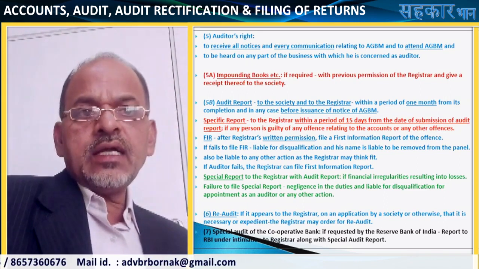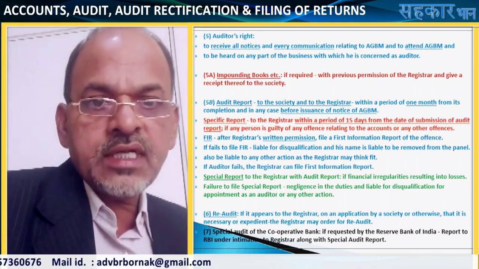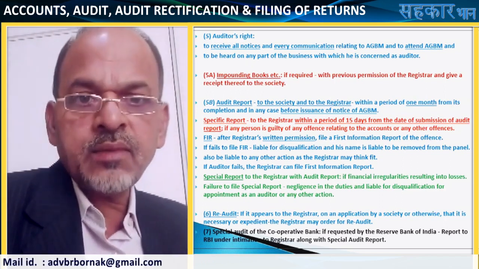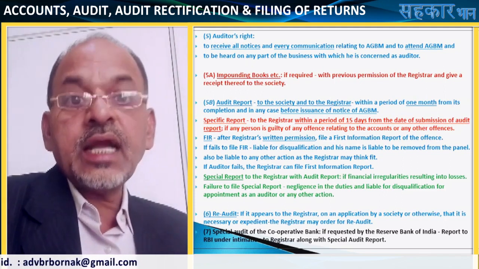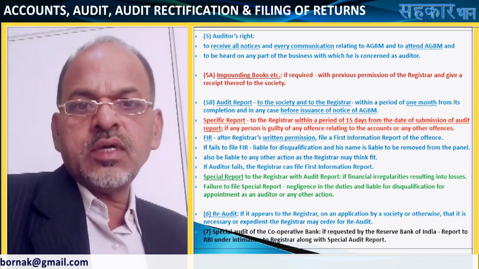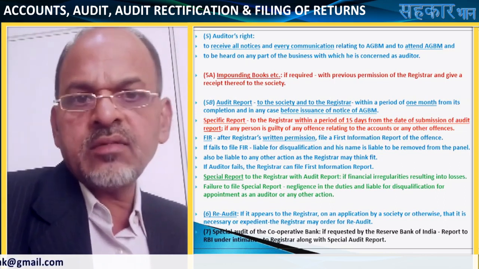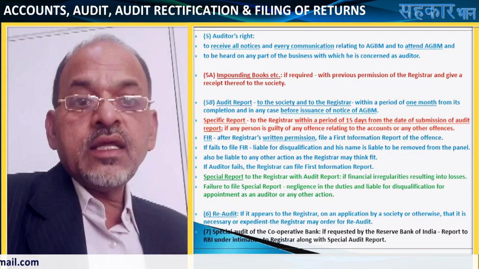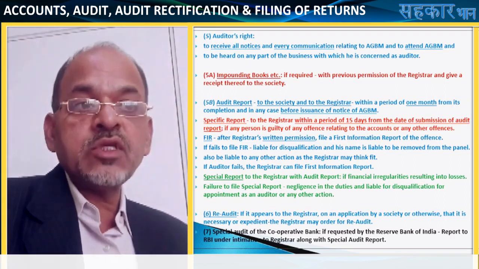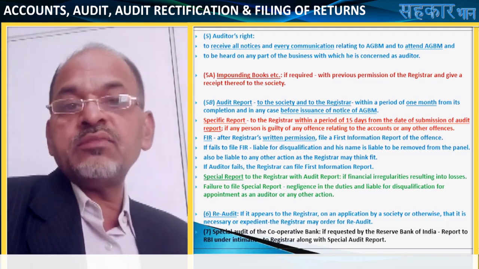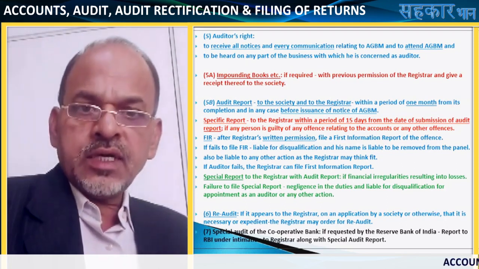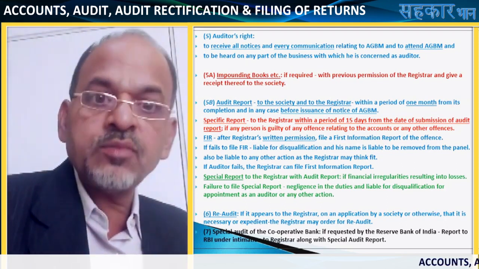Then next provision, impounding books, etc. See, if the auditor feels that there is every possibility that manipulation can take place or some alteration can take place with a view to defraud or conceal certain material information, then he can impound books if required, with previous permission of the registrar, and give a receipt thereof to the society.